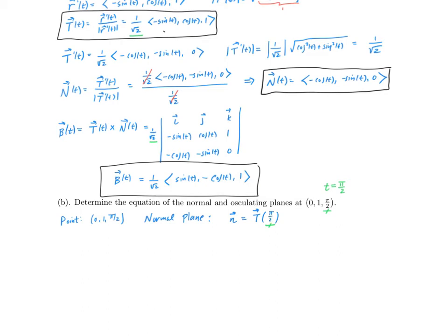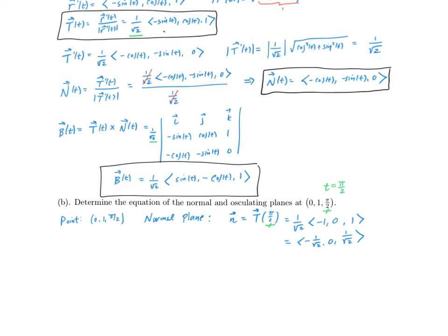And if we look above, we see that the unit tangent vector at pi over 2 is going to be 1 over the square root 2 times, at pi over 2, we have minus sine of pi over 2, cosine pi over 2, and 1. So this would be the vector minus 1 over root 2, 0, 1 over root 2.